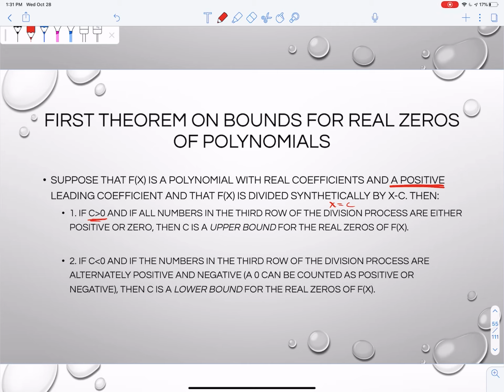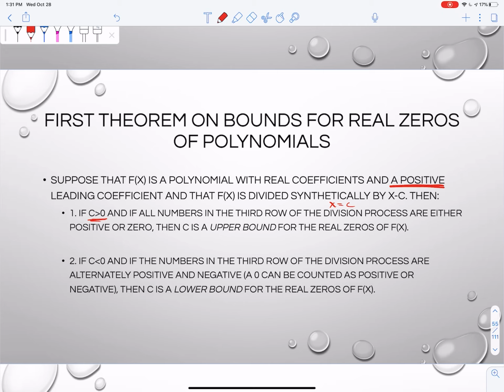So what that means is that if in that third row of synthetic division every number is either a 0 or is positive, then there are no possible zeros that are greater than that particular zero that I just tested.